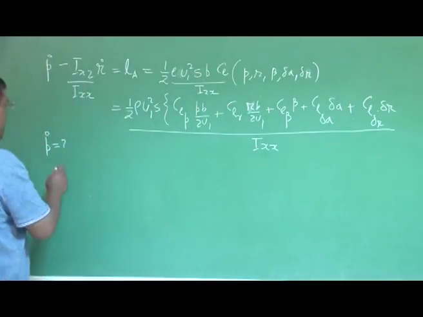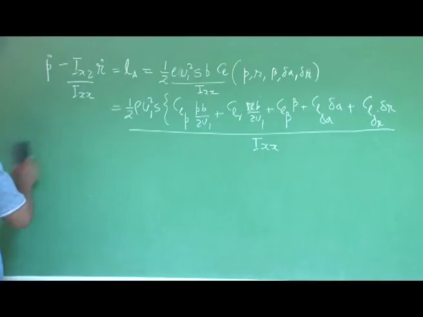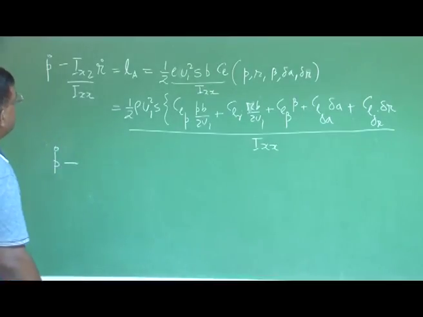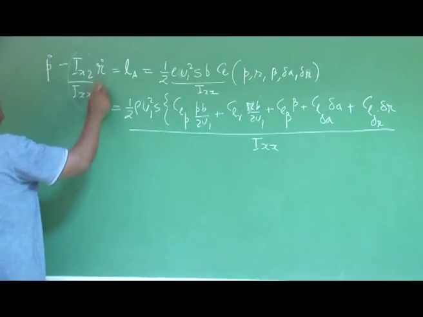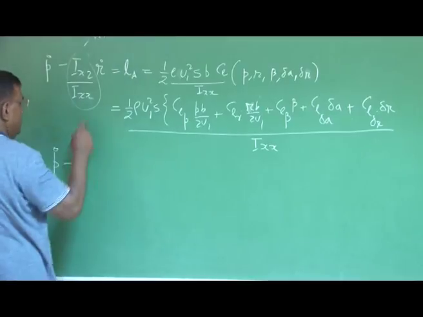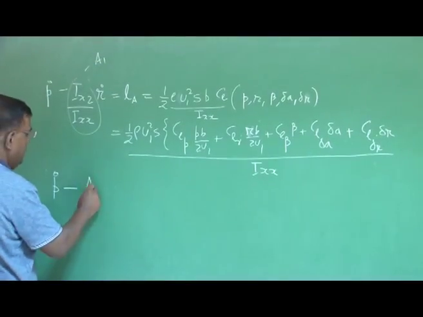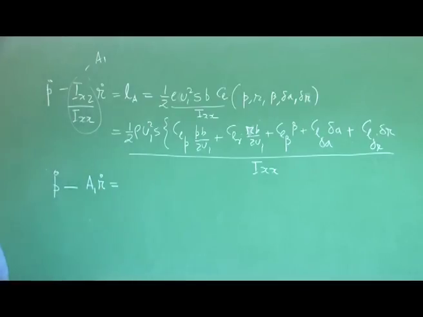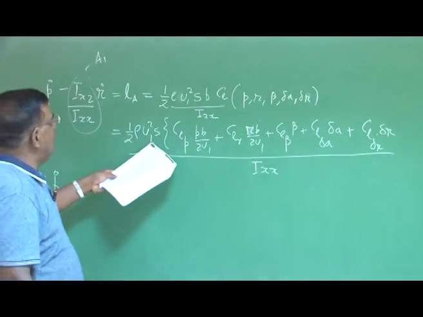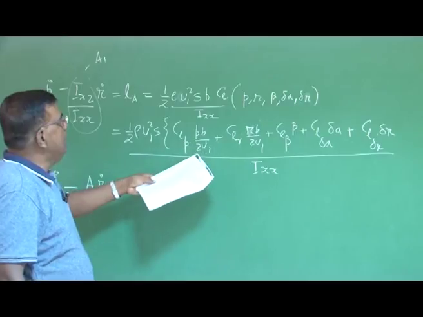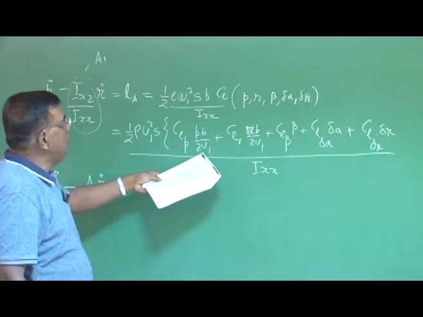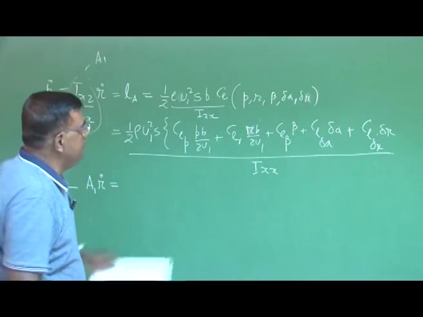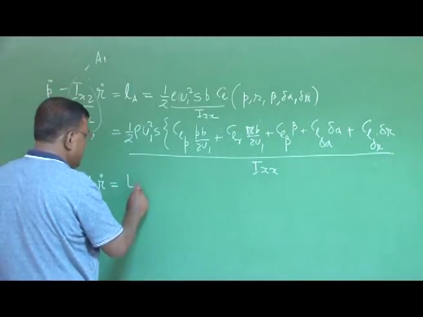Now I can write P dot minus Ixz by Ixx, this we are denoting as A1, so minus A1 R dot equal to half rho U1 square S B into, divided by 2 U1 into CLP by Ixx. This we are writing as LP.